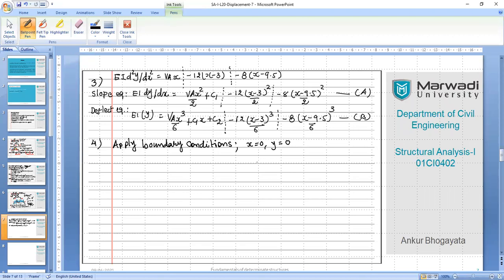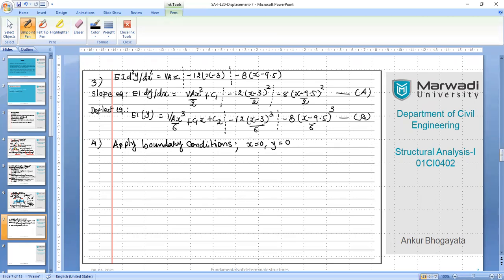So we may see that where y is 0, we can get the constant accordingly. We have two conditions: negative terms are neglected.